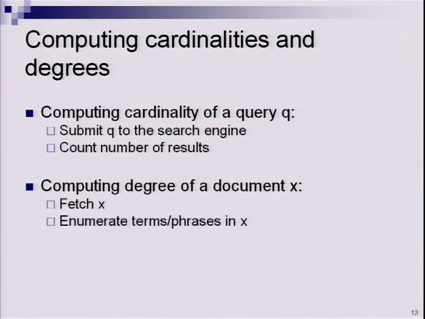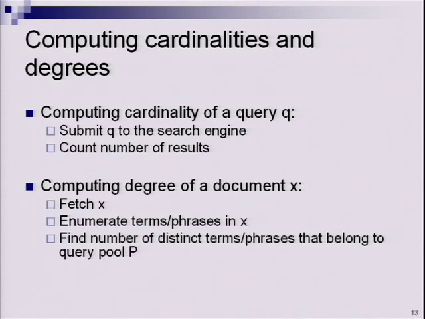We fetch the document, enumerate all terms in the document, and see which ones of them belong to our pool. And that would be exactly the degree of the document. And I'm making here certain technical assumptions about how the search engine works, and that I know, just given the document, whether it will be returned by the search engine or not. But I push these technical details to the side right now. And if any of you wants to talk about them, I'll be happy to.